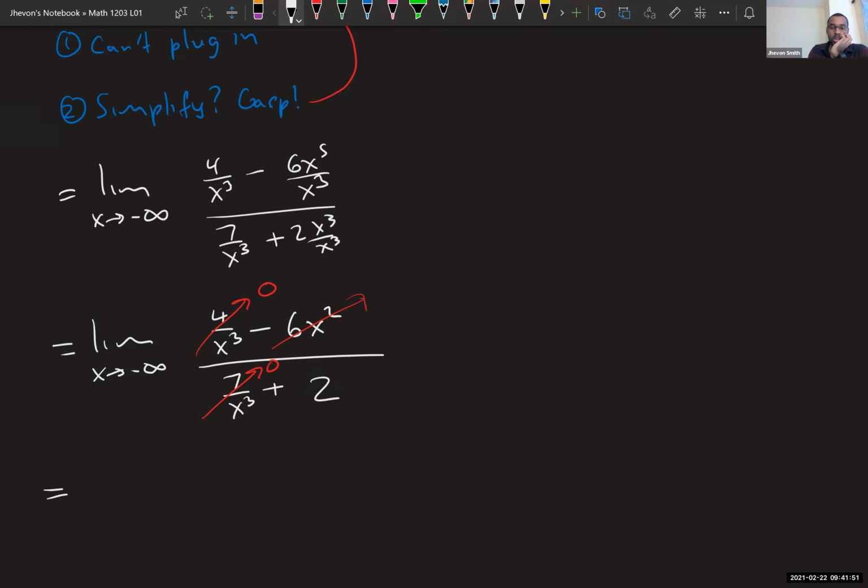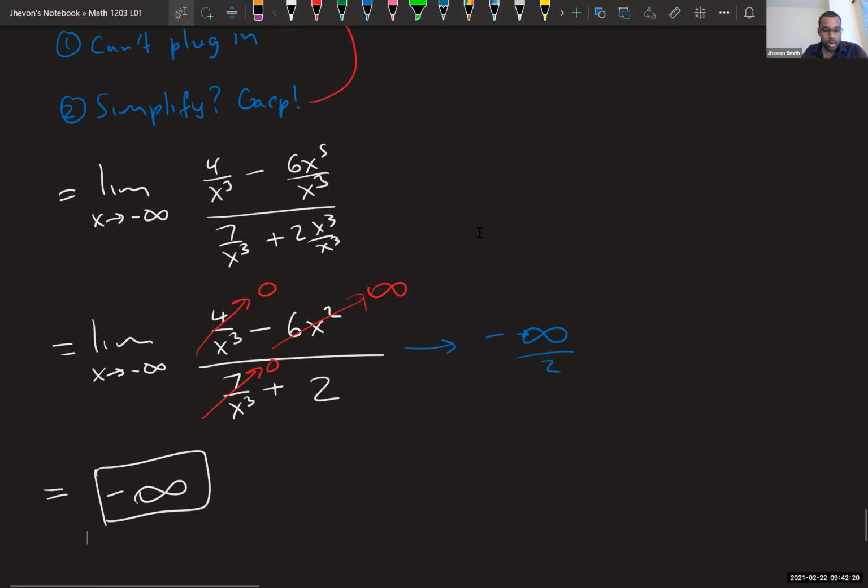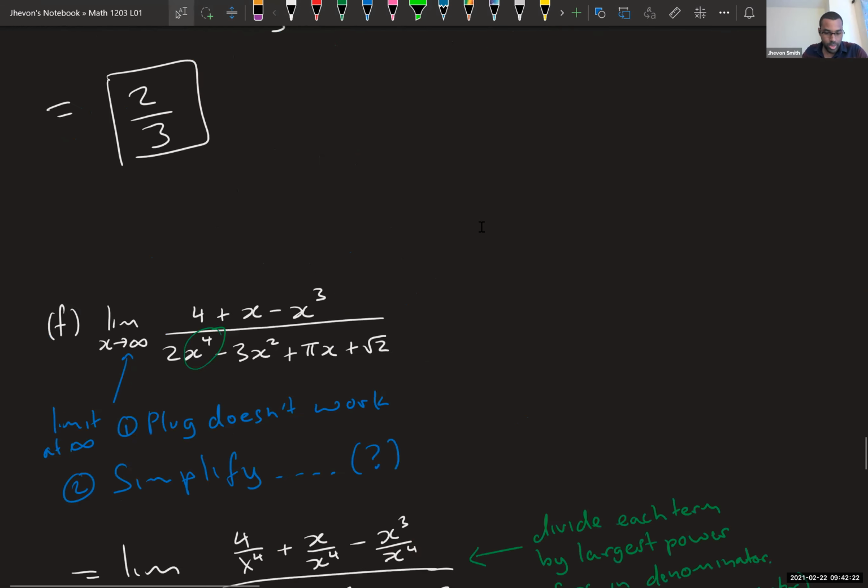So this part goes off to infinity, which means this limit here is approaching, well, negative infinity, because there's a negative sign in front of it, divided by 2. What's half of negative infinity? Still negative infinity, right? So boom, that's the answer, clearly. So this is actually an infinite limit at infinity. And I can see that clearly by doing this trick of dividing the top and bottom by the highest power of x in the denominator.